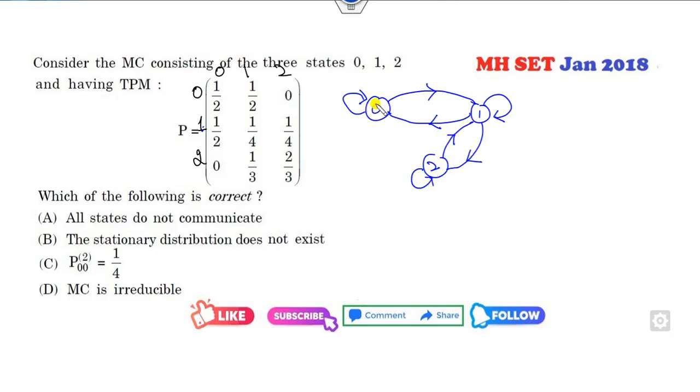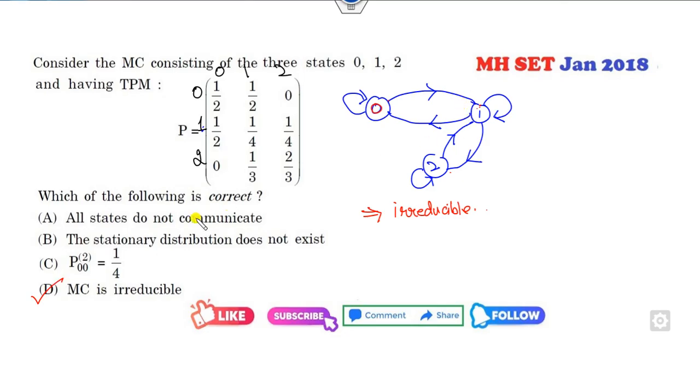Now clearly say you can start from 0 and reach 1, then 1 to 2 is possible, and so on. So each state can be reached from any other state. So yes, this matrix is irreducible. So the Markov chain is irreducible is the correct answer.